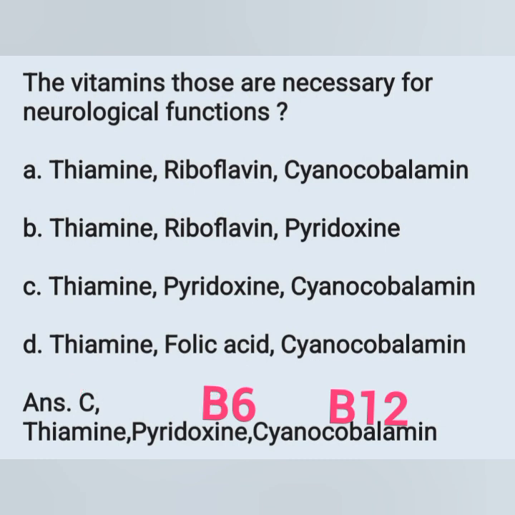It can also cause some neurological manifestations. And cyanocobalamin is vitamin B12. This vitamin is essential for the nerve fibers of the spinal cord. So the vitamins necessary for neurological functions are thiamine, pyridoxine and cyanocobalamin. Option C is the correct answer. Move on to the next question.